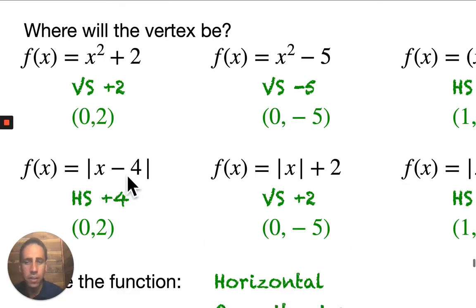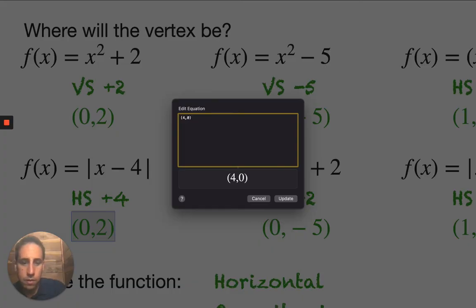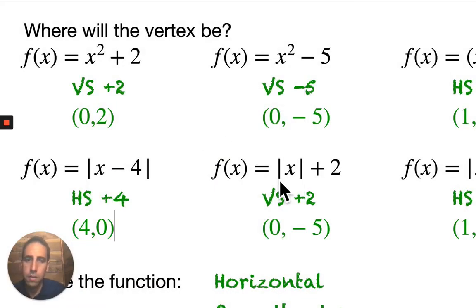All right, so this -4, it's on the inside, therefore it's a horizontal shift of +4, and this is wrong right here. This should be 4, 0. This is also wrong down here.